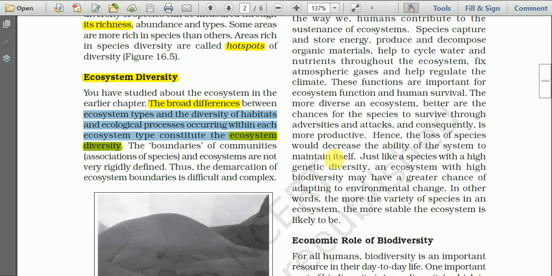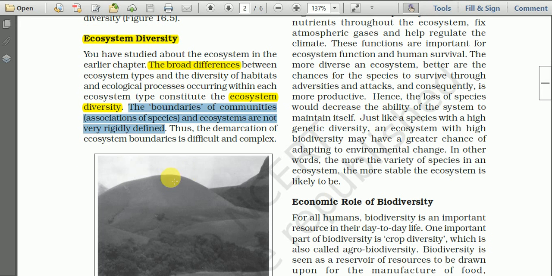And see here in this case also, the boundaries of communities and ecosystem are not rigidly defined. We cannot define the boundaries of ecosystem in a region sharply. Sometimes overlapping may be there. So demarcation of ecosystem boundaries is difficult and a complex one.